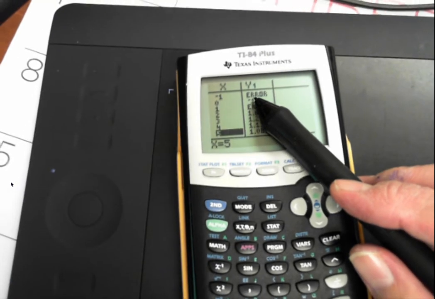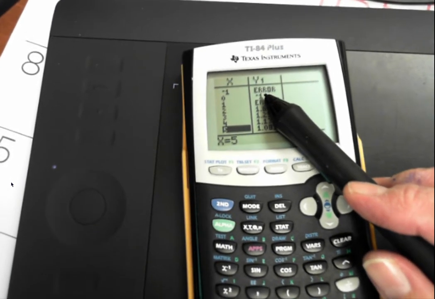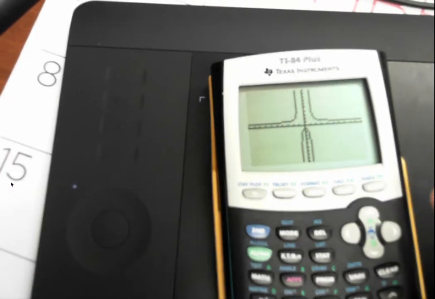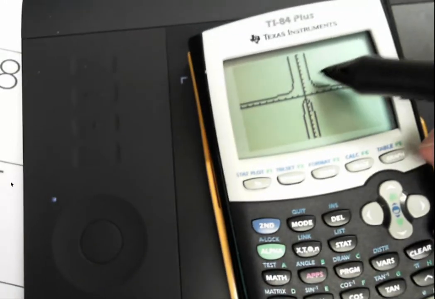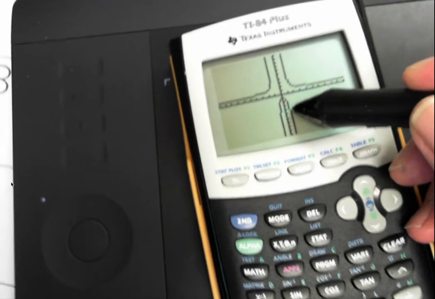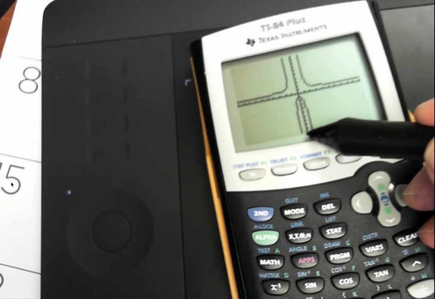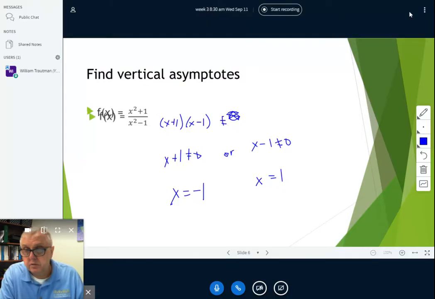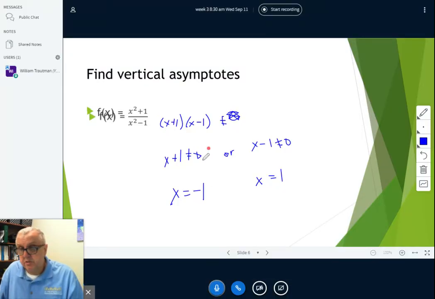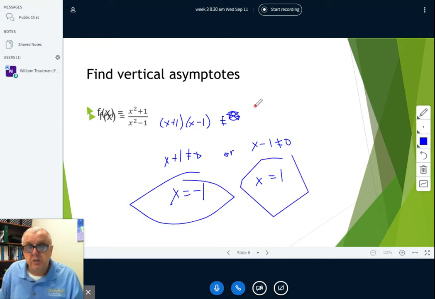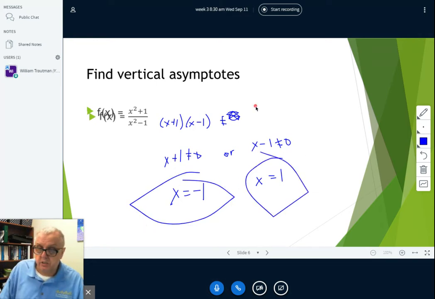And if we got really close, you'd see that these numbers would be approaching negative infinity. As we approach -1 from this side, the graph is going down to negative infinity. So finding the vertical asymptotes, we found them. Those are it.